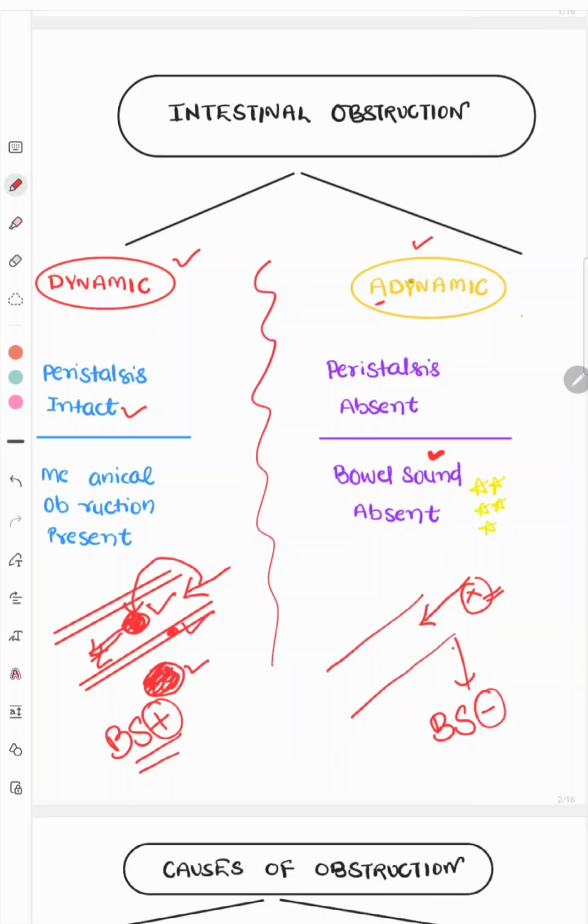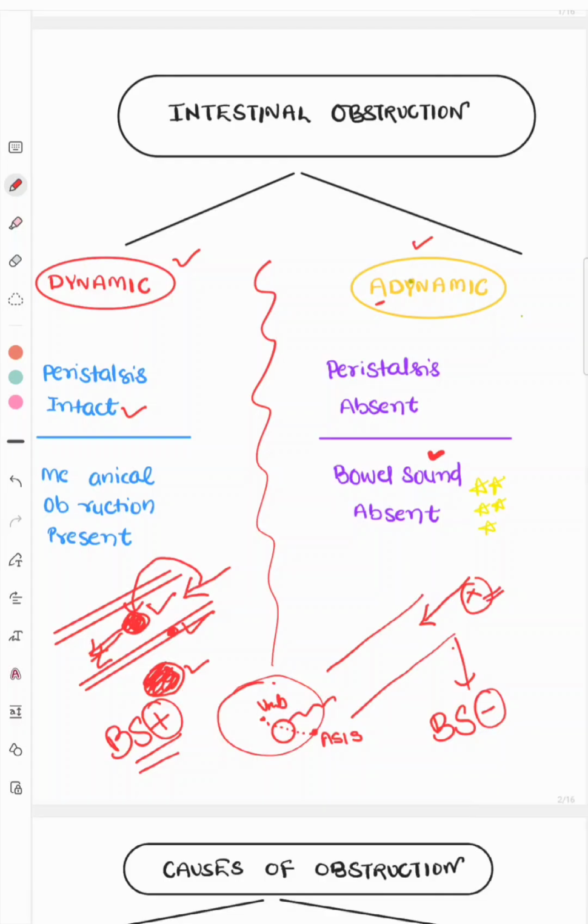By simple use of a stethoscope placed at the spino-umbilical line, here is the umbilicus and here is the anterior superior iliac spine, and the line joining the umbilicus and anterior superior iliac spine is known as the spino-umbilical line. By placing the stethoscope over this line, we can have a fair idea between dynamic and adynamic obstruction. If the bowel sounds are intact, it points toward dynamic obstruction, and if the bowel sounds are absent, it can be adynamic obstruction.